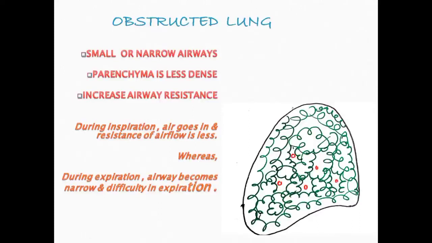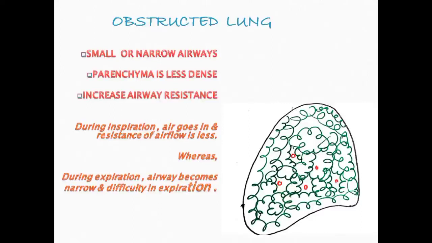So in obstruction, what do you think? Will the patient have more problem in inspiration or expiration? Airways are narrow. When we inspire, air goes in and our lungs normally expand. But during expiration, the surface area of the airways normally becomes low.